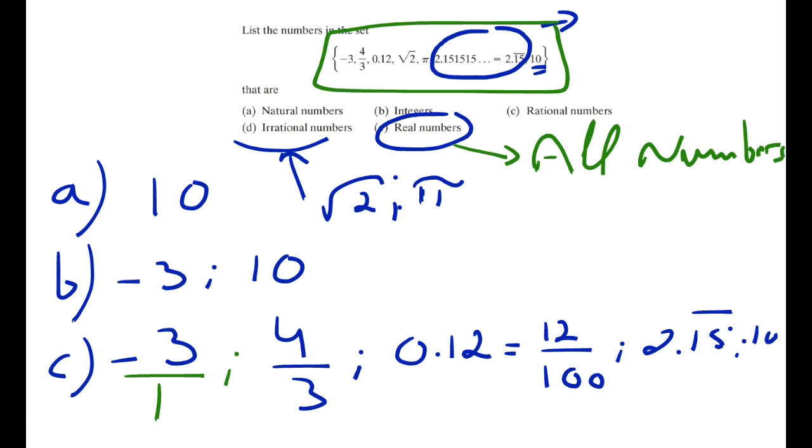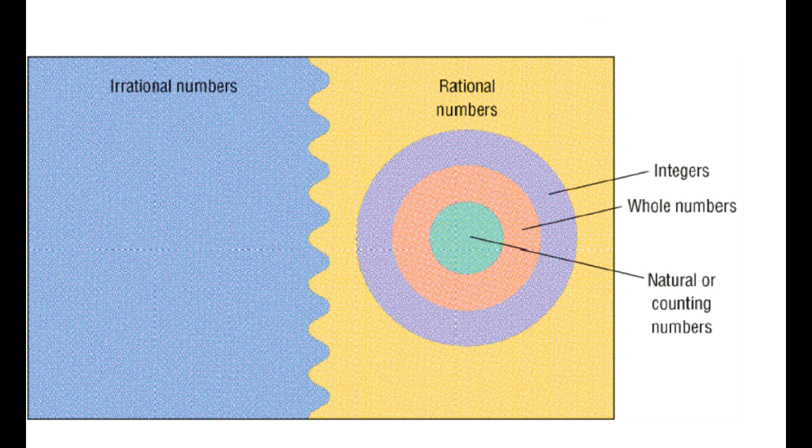Here we have a good picture that summarizes what we've just done. For natural numbers, we're talking about 1, 2, 3, the counting numbers, we can count them, right? The whole numbers, we're talking about 0, 1, 2, 3, and so on, all right?